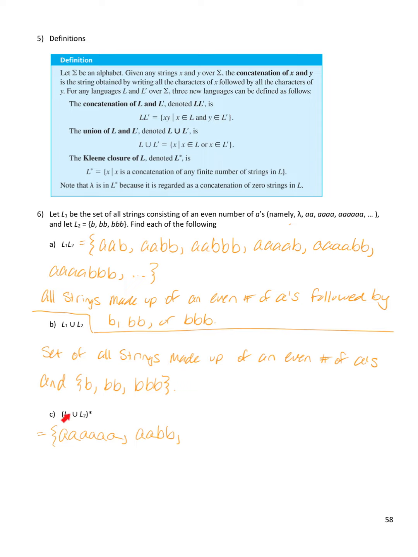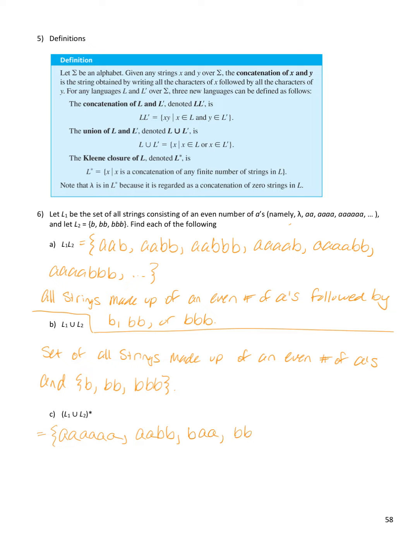Now, the closure of L1 union L2 means the elements are a concatenation of any number of strings in L, and it doesn't matter the order. Just pick any strings and concatenate them. So I could also start with the B's. I could do B concatenated with 2 A's.